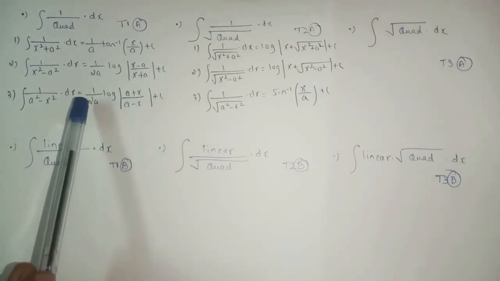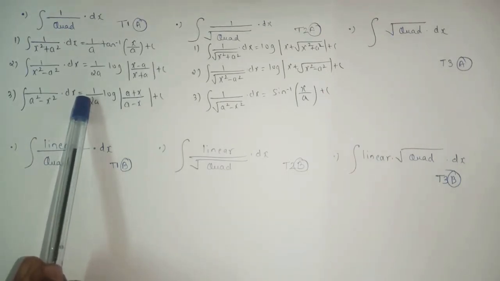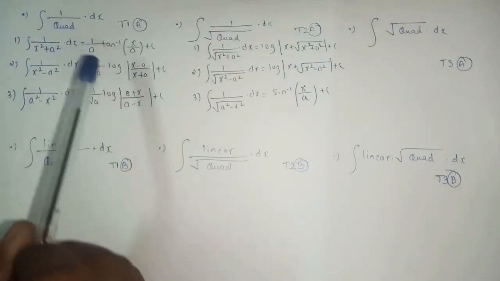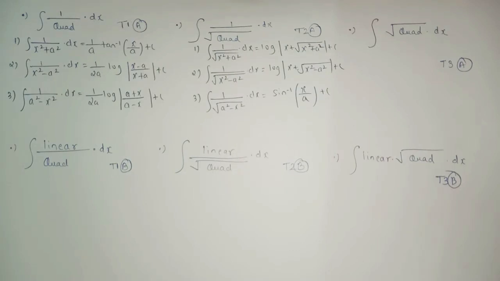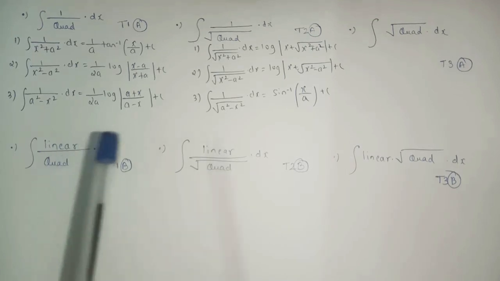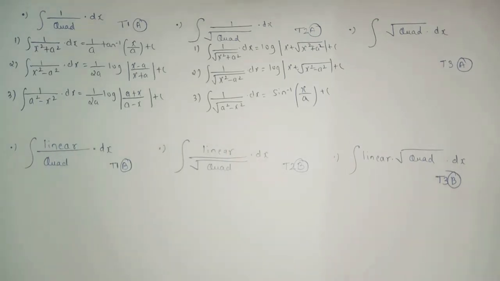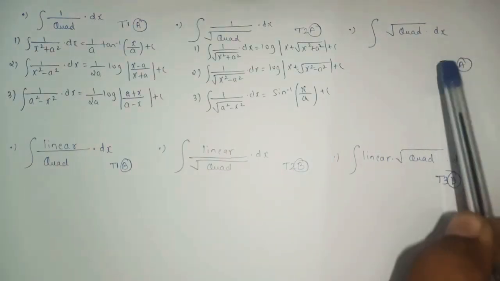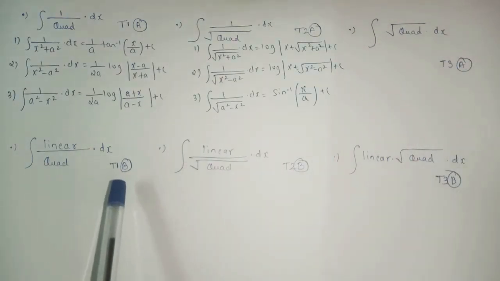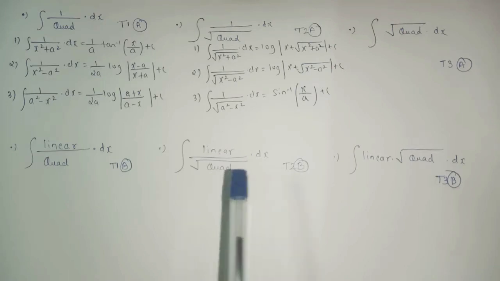So we had completed type number 1a based on 1 upon quadratic, type number 2a, 1 upon root quadratic, and today we'll see type number 1b and type number 2b. Sir, what about type number 3a? This part we'll see after type number 1b and type number 2b.